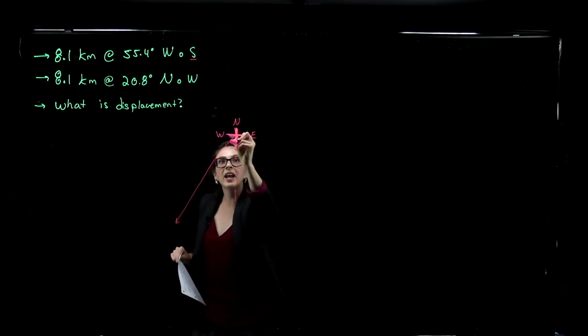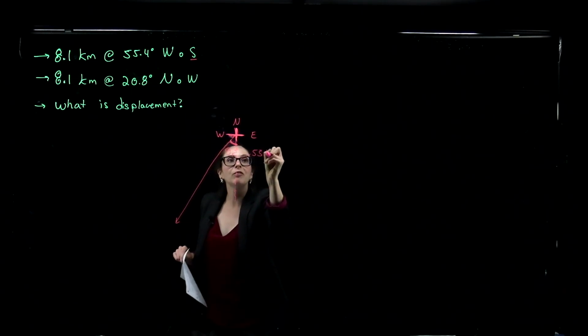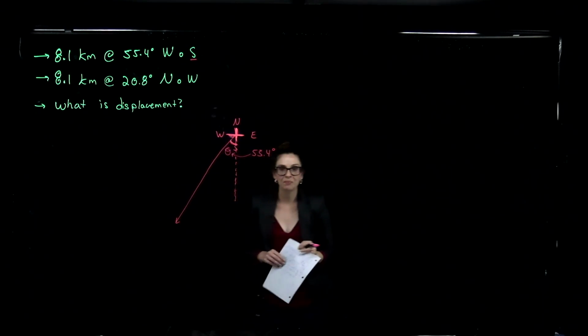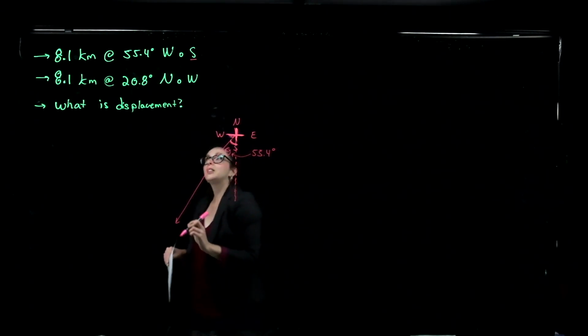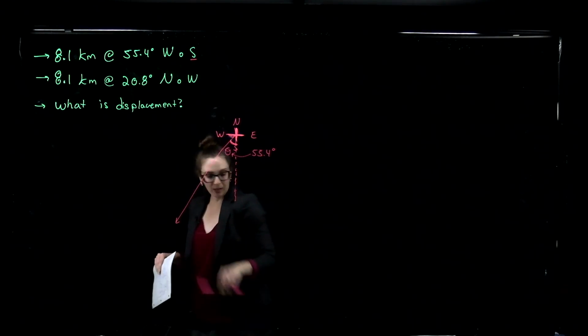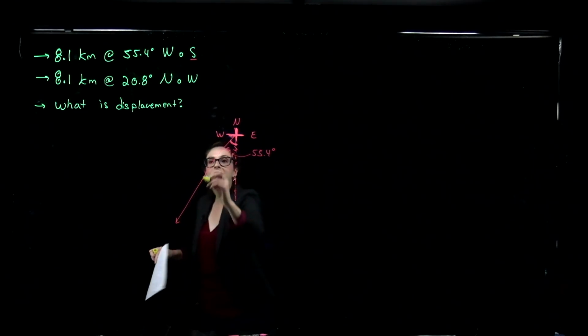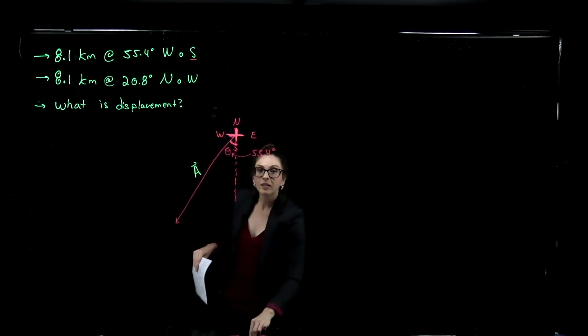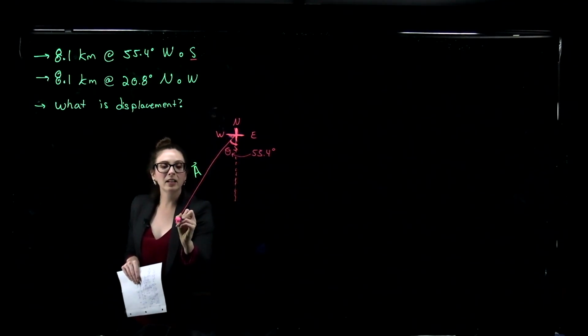So it's this angle right here, this angle theta, which is 55.4 degrees. That is west of south. And we're going to call this vector, again, vector A. This is vector A.